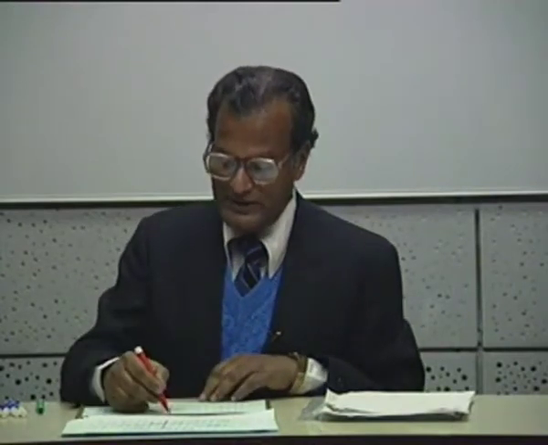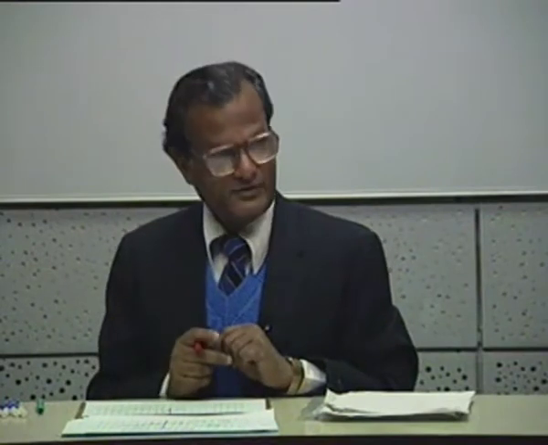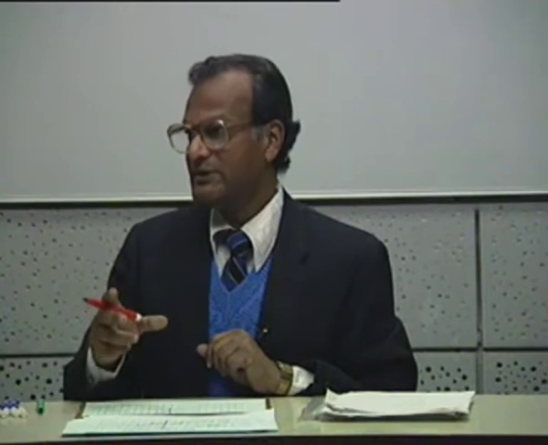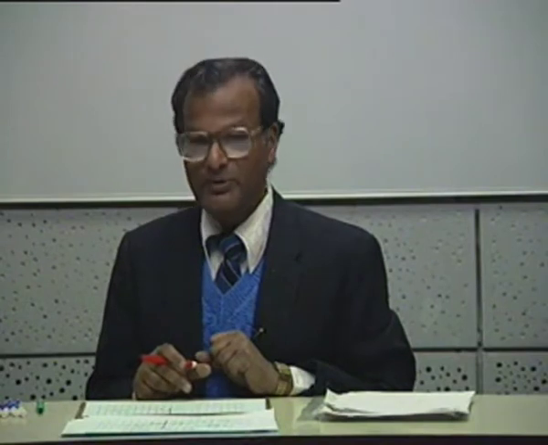This could be a voltage-current relationship, or a flux-current relationship, or a charge-voltage relationship. You choose parts of the curve and approximate this by a straight line. You choose another part and approximate it by another straight line. So these are piecewise linear approximations.